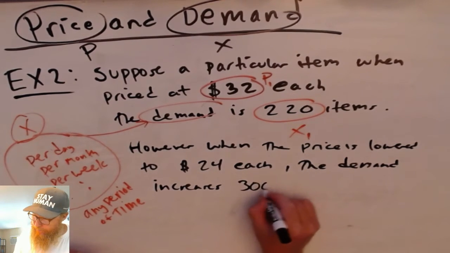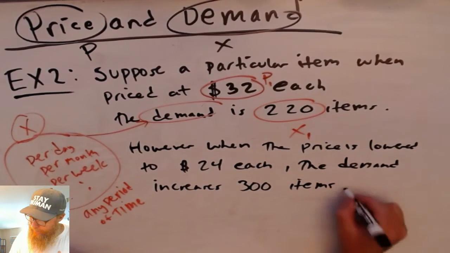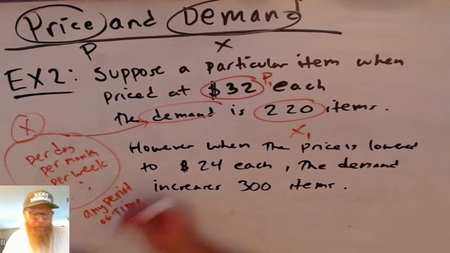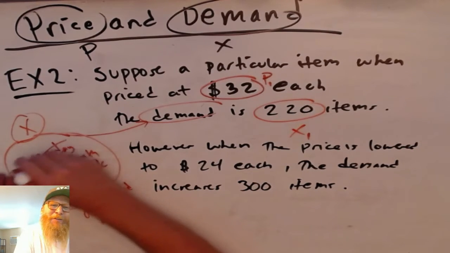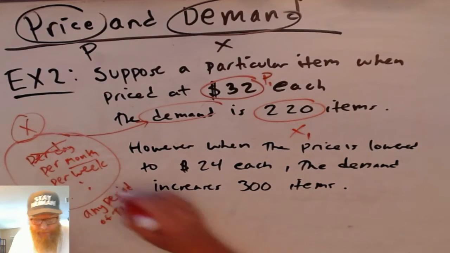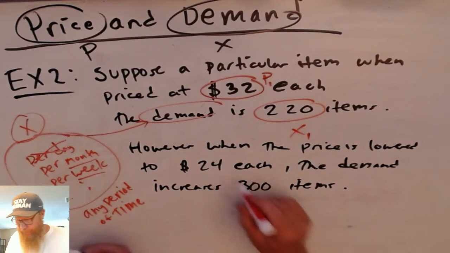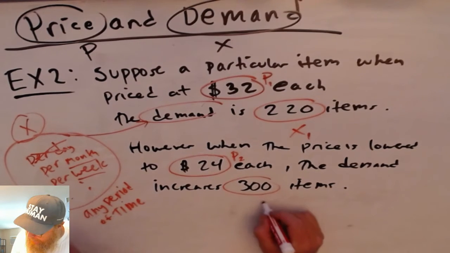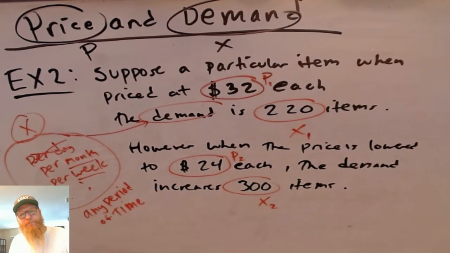To 300 items. Now if you actually were doing this, you would just keep track. You would do it every month. You probably wouldn't do it per day. I'm talking about small business. So this is our second price, P2, and this is our second demand, X2.